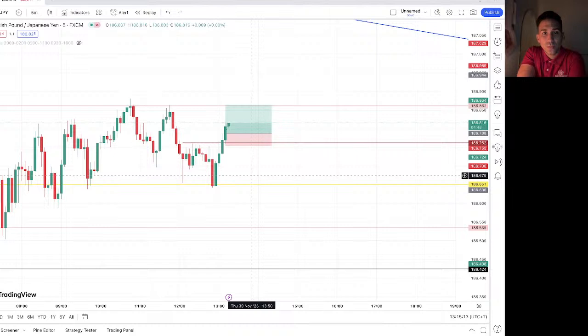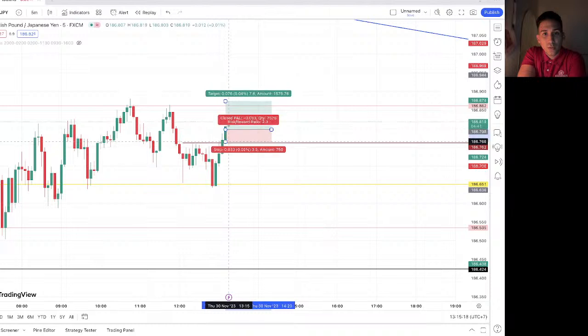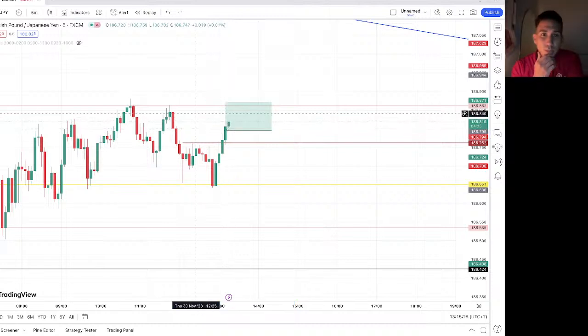There you go. So we have the push. So we move the stop loss. Then this is no risk. Now we're free. We manage the trade.